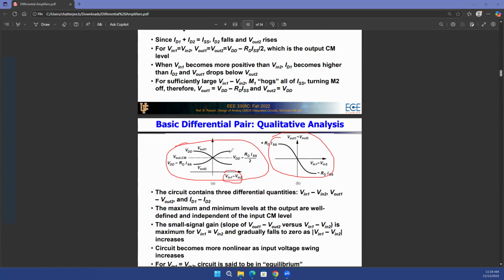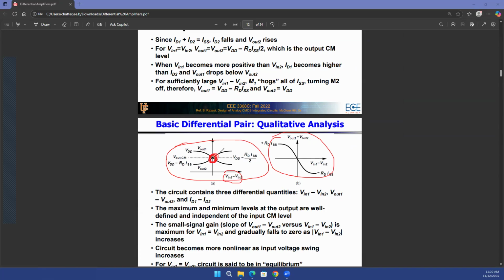But ideally, I want to have V1 equal to V2. I want to have the same common mode. That's why I'm calling it a common mode. That's why for all practical purposes, you will be at this point. You first bias your transistors at this point, or make sure that your V1 equals V2 in terms of DC levels, and only then will you start applying AC. So for all practical scenarios, you are interested only in this point.